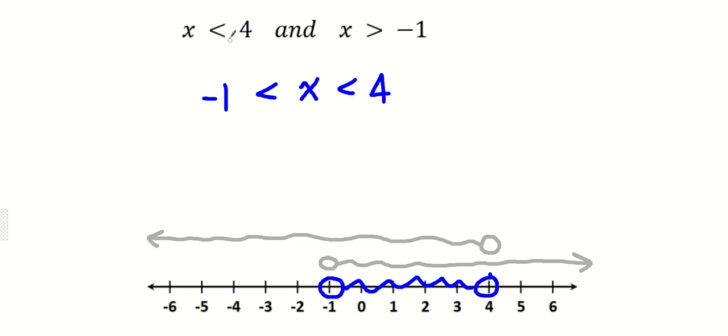There's no or equal to here in this example. Anyway, my point is an and compound inequality is oftentimes written like this, where you have a number is less than x, which is less than whatever, and it's almost like a combined inequality where there's two symbols.